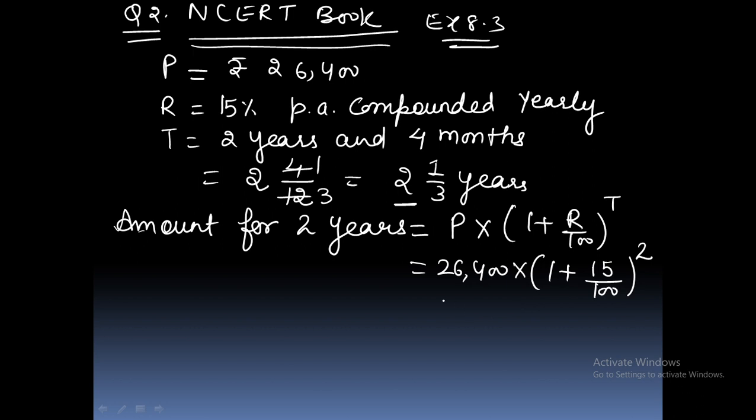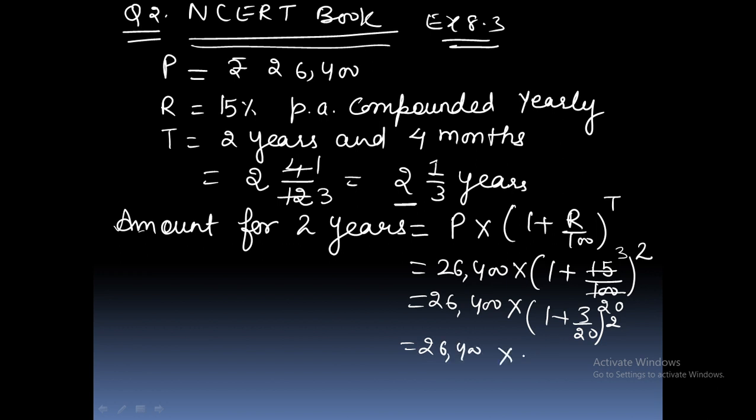Time is taken here as 2 only, and 1 by 3 will be taken for calculating simple interest. 26,400 multiply, 5 threes are 15, 5 twenties are 100, and 1 plus 3 by 20 power 2. After taking LCM 20 we get 20 plus 3 and power 2, so 26,400 multiply by 23 by 20 multiply 23 by 20.